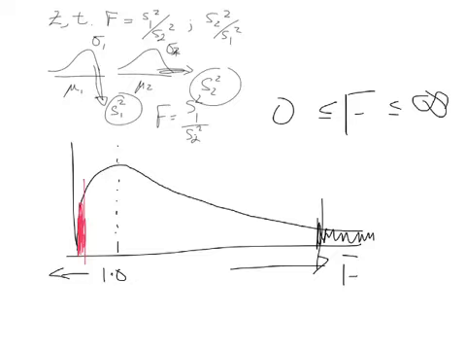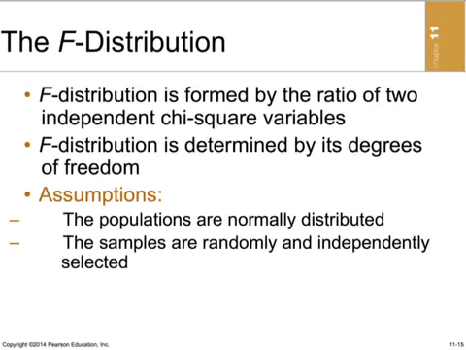And the reason why I want to get to the right or the left of 1.0 is because if the ratio is 1.0, the two variances are indeed the same. Okay? So just to recap, the F distribution is formed by the ratio of two independent chi-square variables. The F distribution is determined by its degrees of freedom. The assumptions: the populations are normally distributed.